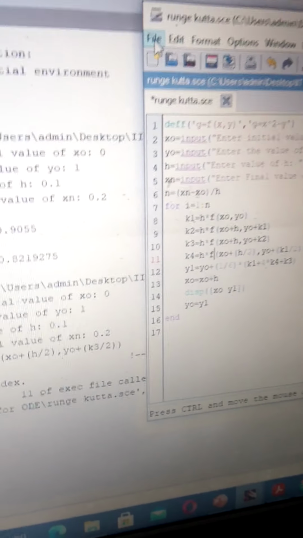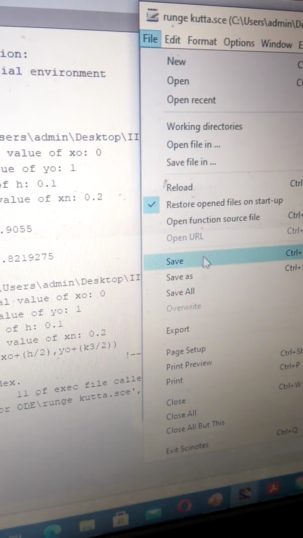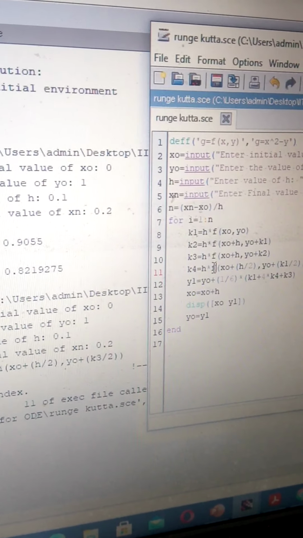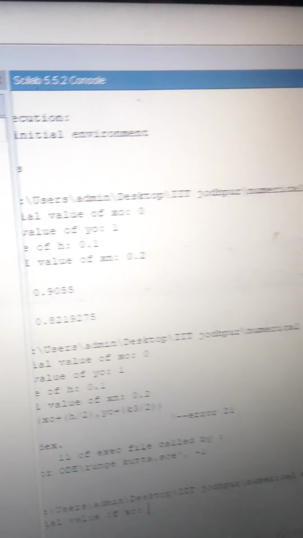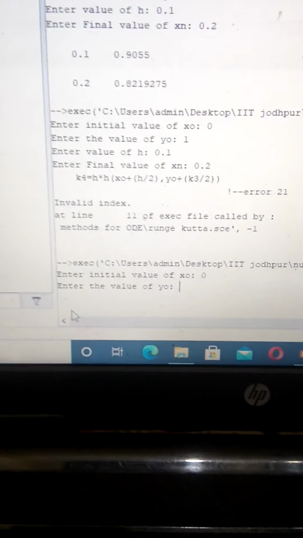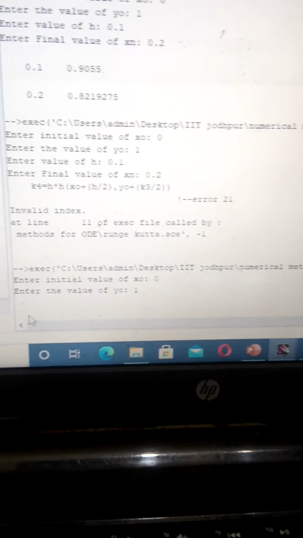So after solving the error, again save the file, then click on the run button and execute it. Again write the initial values, x naught is 0 and y naught is 1.